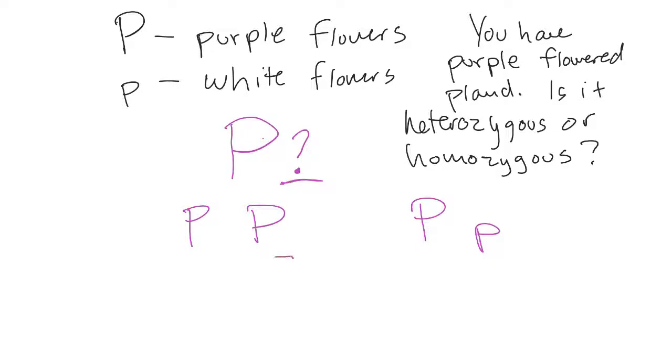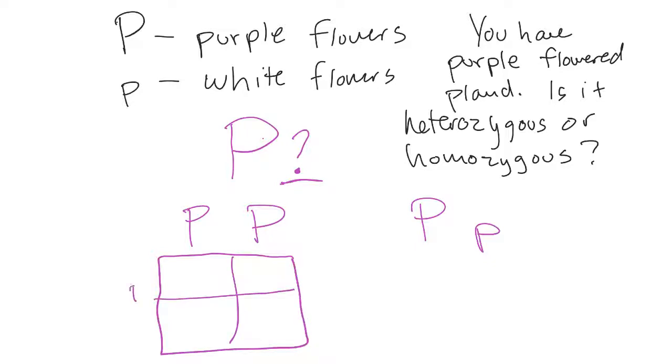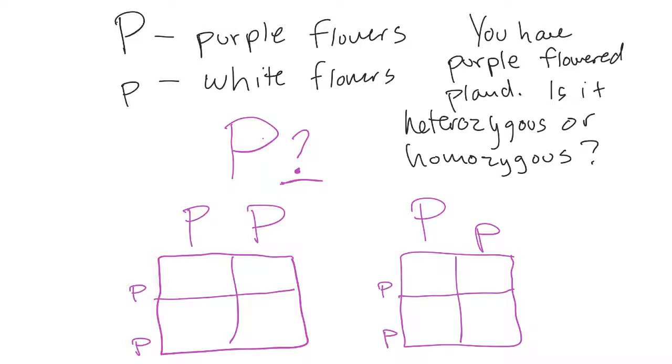If you breed with a white flowered plant, what are the possible phenotypes if it is homozygous dominant? All of them would be purple. Exactly, and you can see that through doing the Punnett square. All of them would be heterozygotes, with one copy of the white allele and one copy of the purple allele.